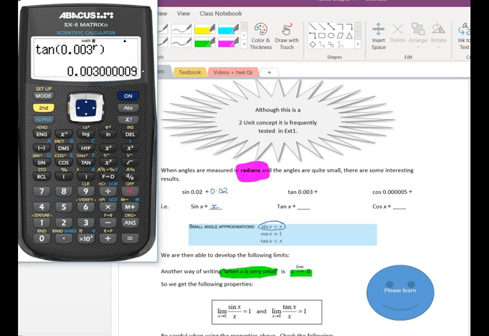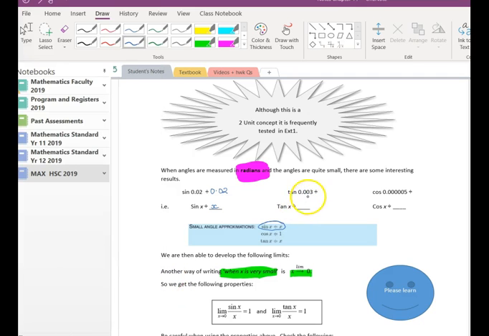That's close enough for us to again say that the tan of x is actually x, which leads us to our second property. As x becomes very, very small, if you can set it up such that you've got tan of x over x, you can replace the whole of that with 1.